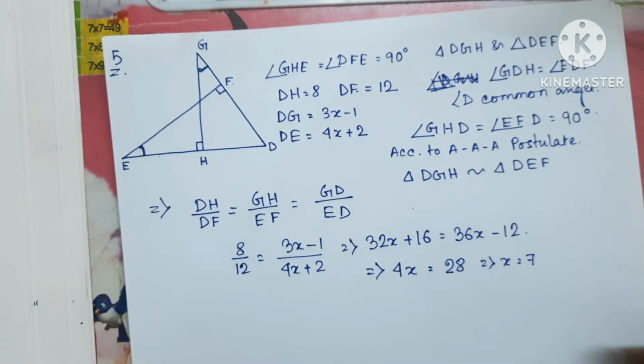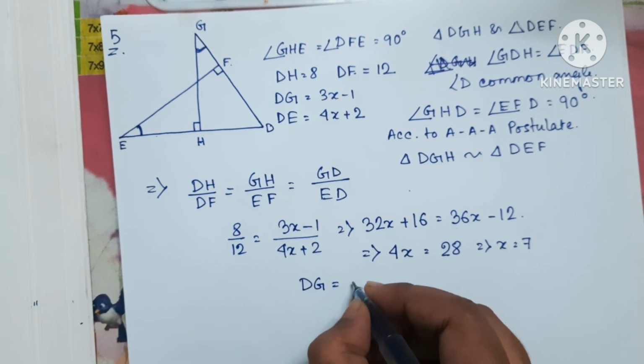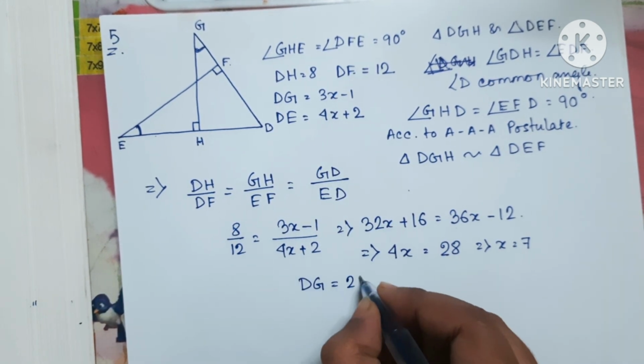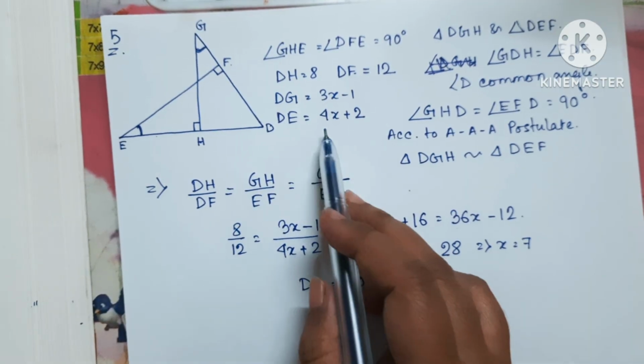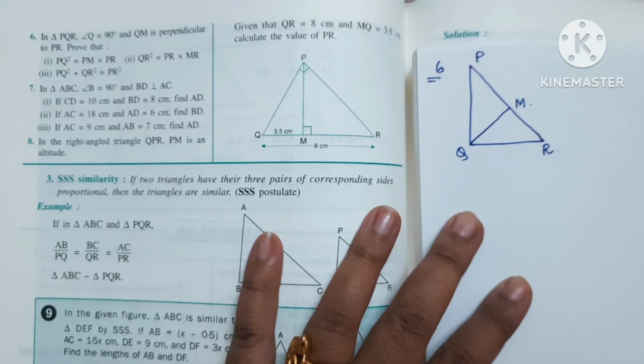So x equal to 7. So DG will be 3 into 7 minus 1, that is 20, and DE is 4 into 7, 28, plus 2, that means 30.